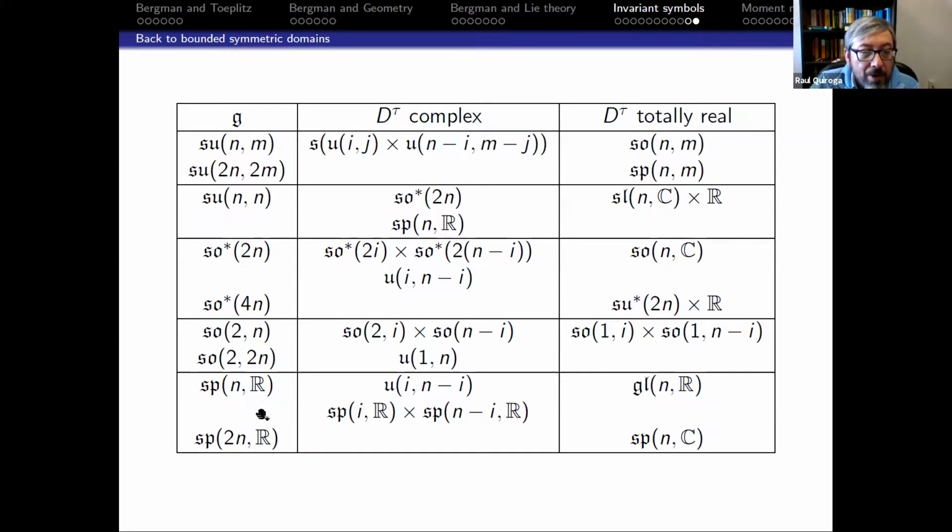There are many others. All of the groups corresponding to these subalgebras give you symmetric pairs. So when you take invariance with respect to one of these groups, you get invariant symbols which give Toeplitz operators generating a commutative C*-algebra.